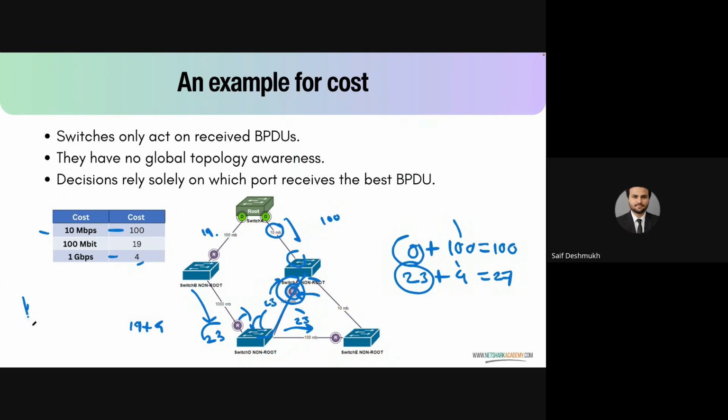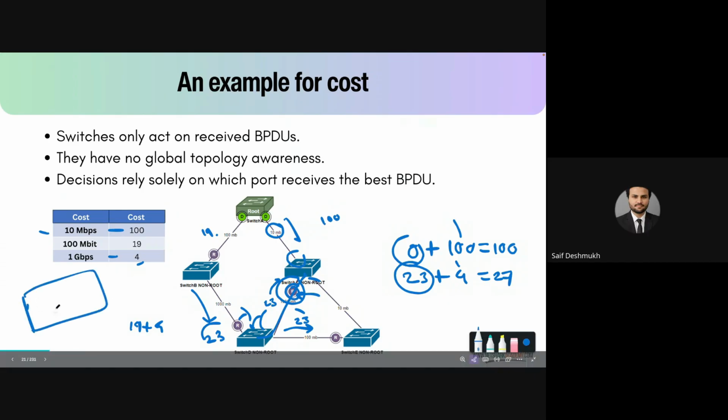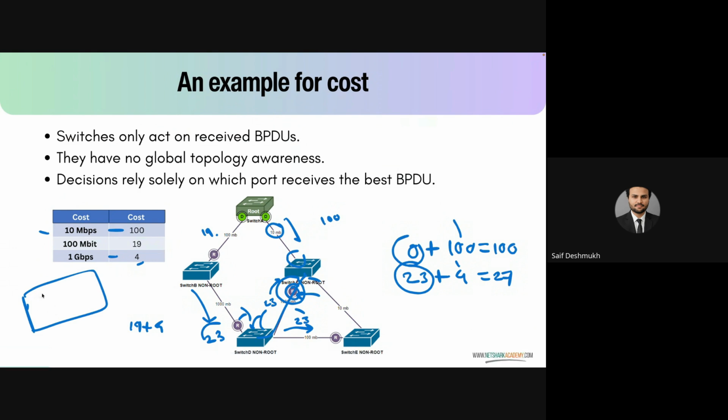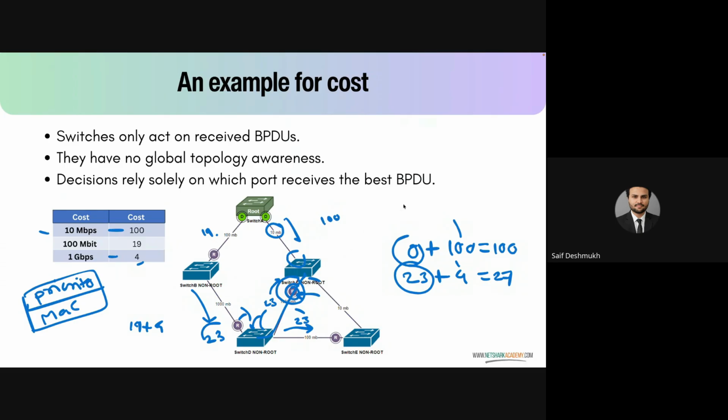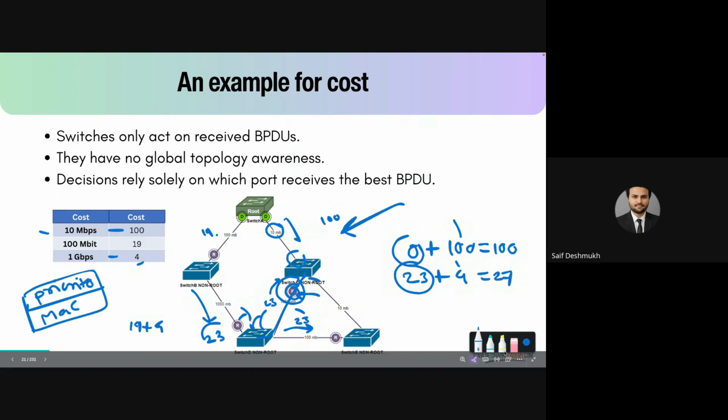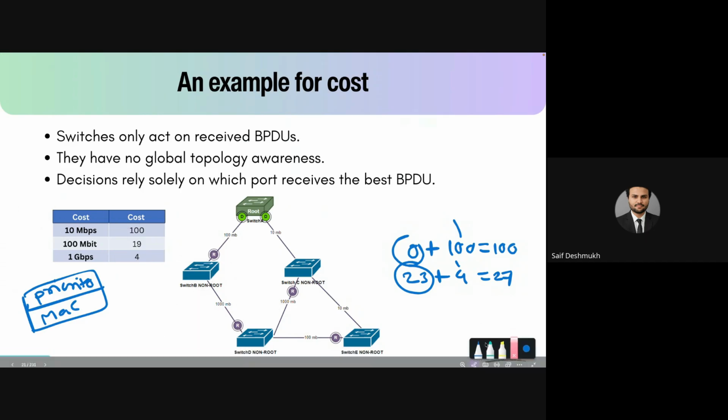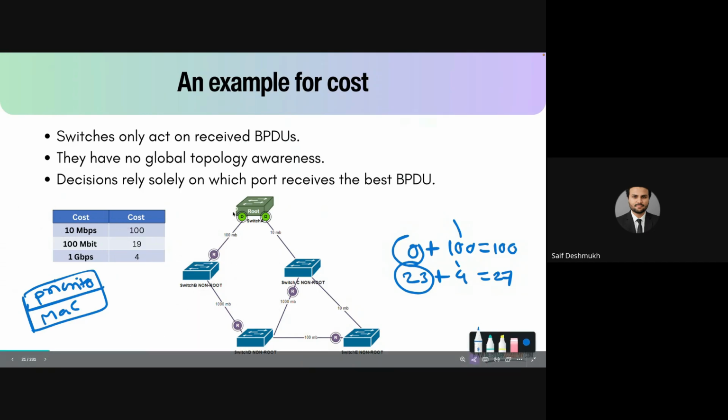Every bridge ID, the local bridge ID, consists of two things. It's going to be the priority, and then it's going to have the MAC address. I want you to create a question out of this, and I'll explain why that happened. Ask me something out of this topology regarding what question you had.